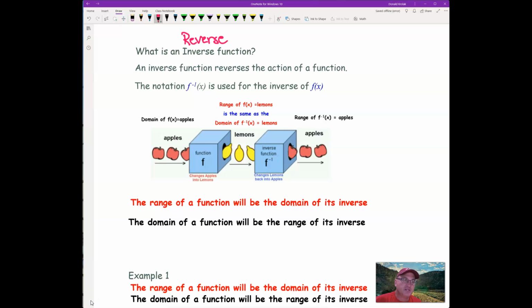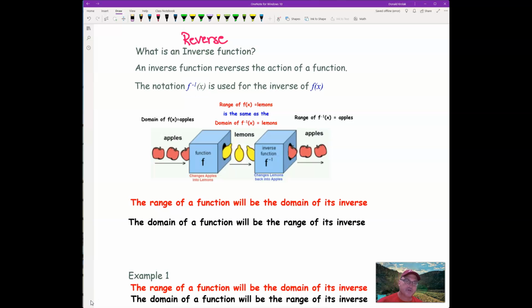The notation we use to represent an inverse is f with a little exponent of -1. When you see that, you read it as the inverse of f of x.